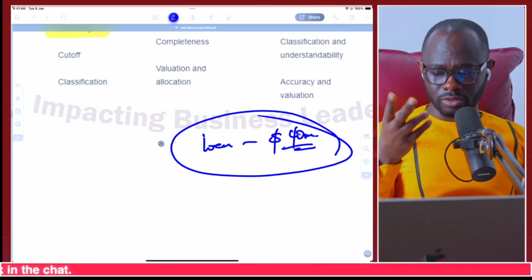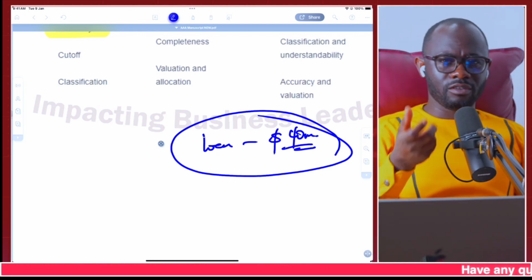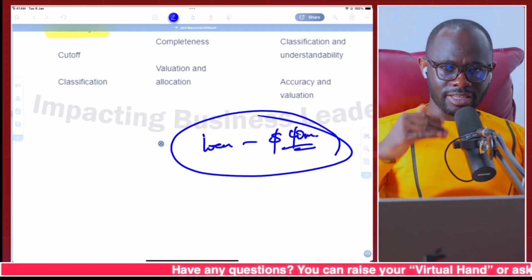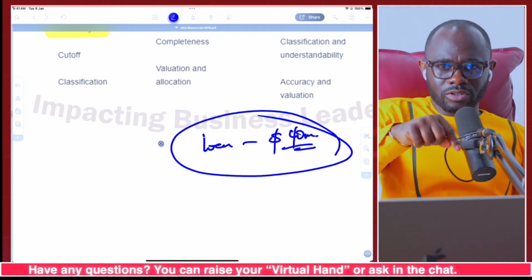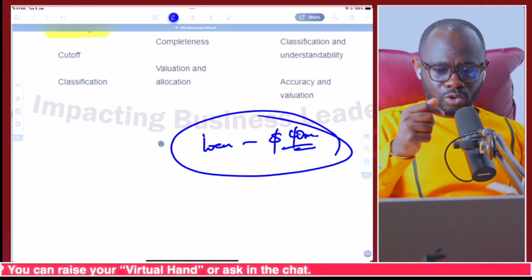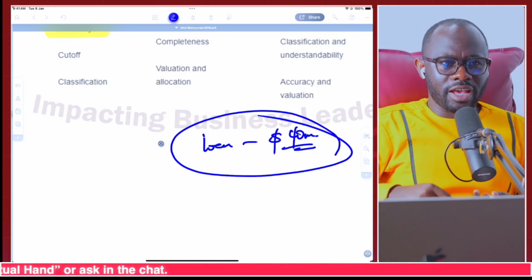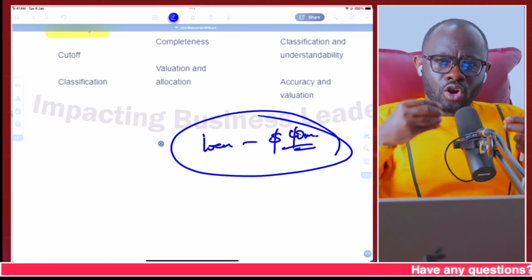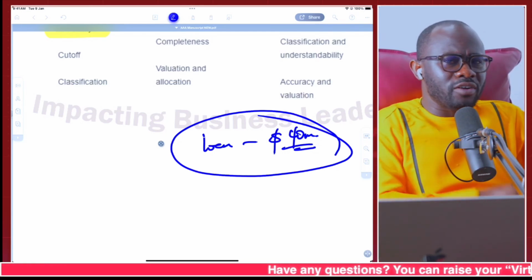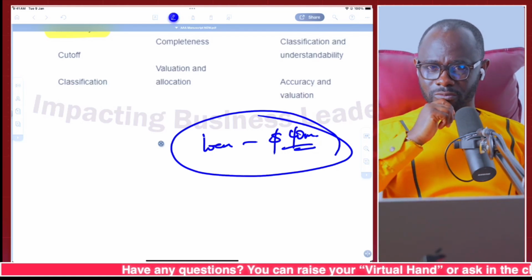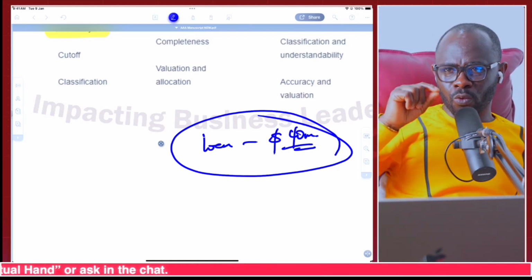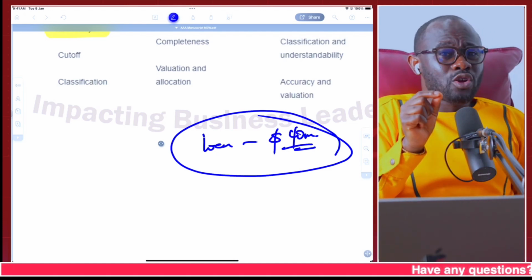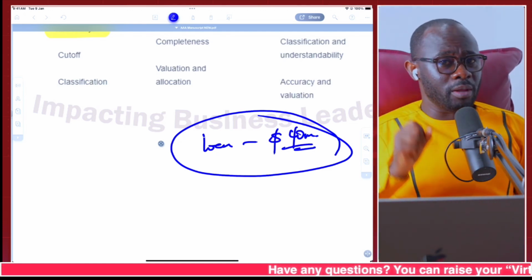Procedure number two, you want to obtain from the entity the loan document to understand the terms and conditions, the amount, because a loan document will show you the amount of the loan, the interest, whether it is secured or not secured, and even if it is secured, what the entity used as collateral. Procedure number three, you want to inquire from the bank whether the entity has actually come for a 40 million loan from the bank.